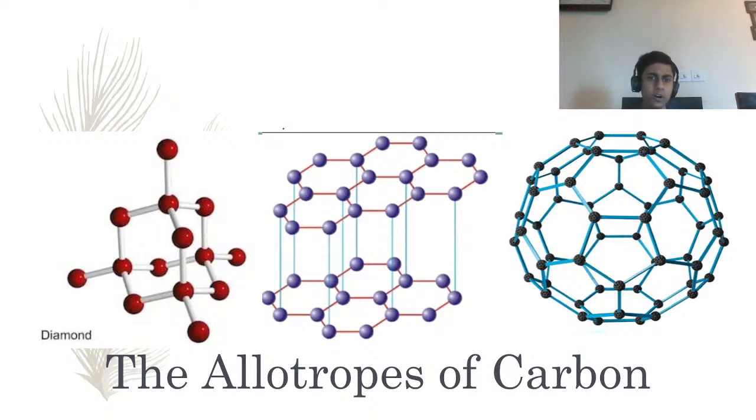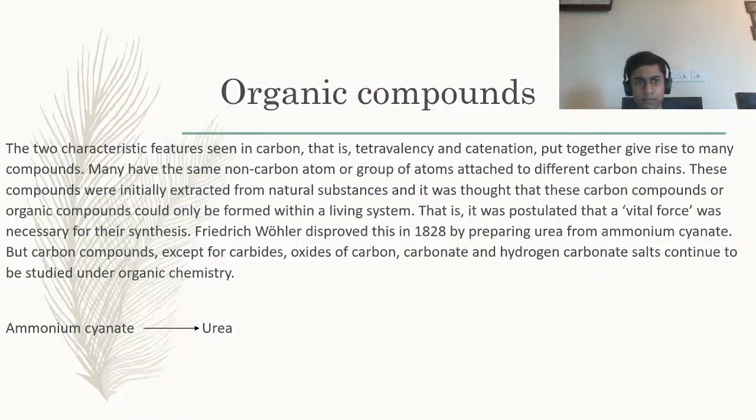Now let's look at organic compounds, like what is the origin of organic compounds and some small theories based on it. The two characteristic features seen in carbon, that is tetravalency and catenation, put together give rise to many compounds.